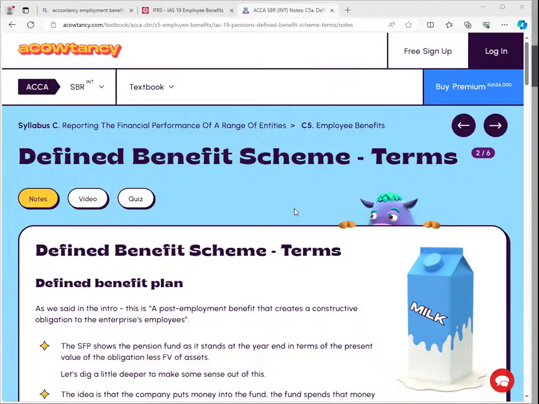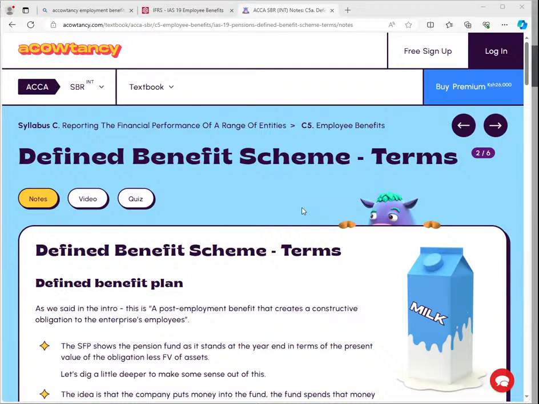So IAS 19 talks about what we call employment benefits. We are employees, and as employees, of course, we expect benefits. We have short-term benefits, our day-to-day benefits, salary. But at the end of the day, we expect long-term benefits in the form of what we call pension.